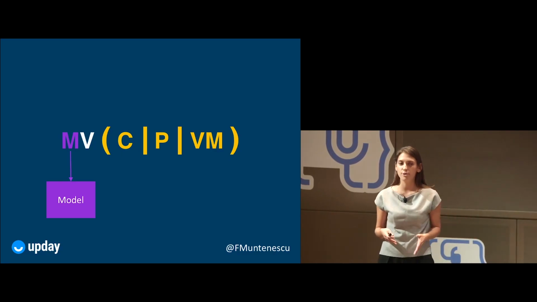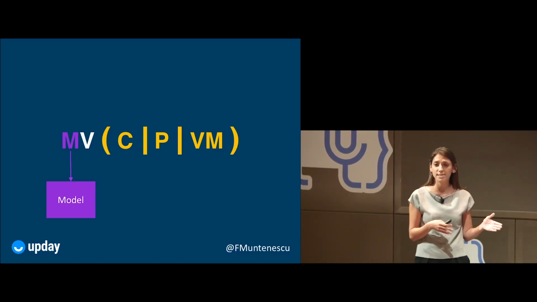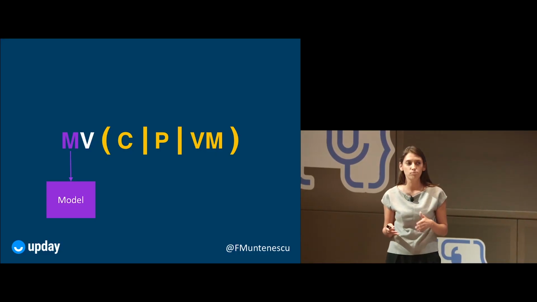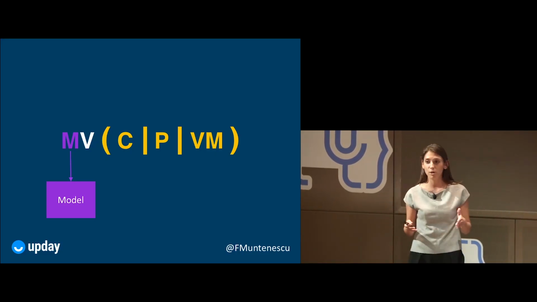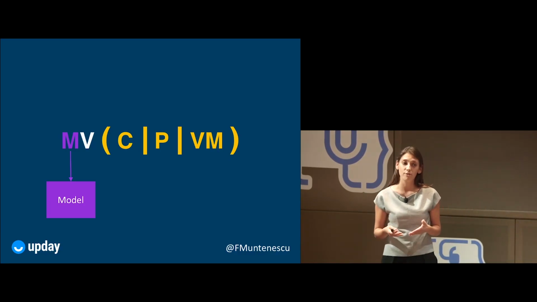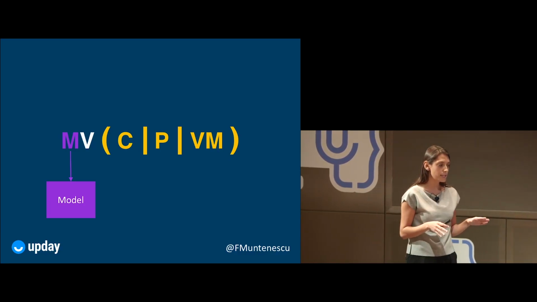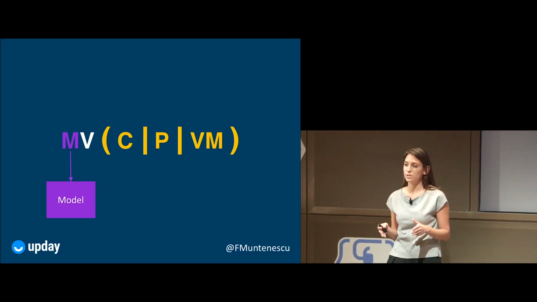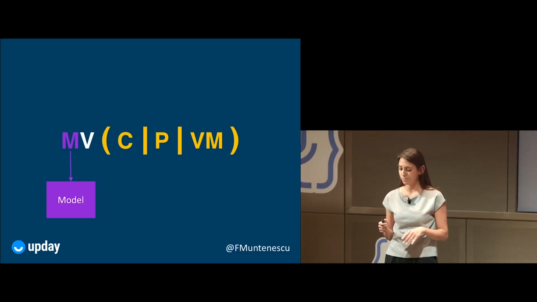So this is the part where, for example, you'll get some data from your backend. You would save the response in the database, maybe do some caching, some offline optimization, and then the model exposes that data to whoever needs it. The model is completely independent from Android, and therefore it's easy to unit test using JUnit.